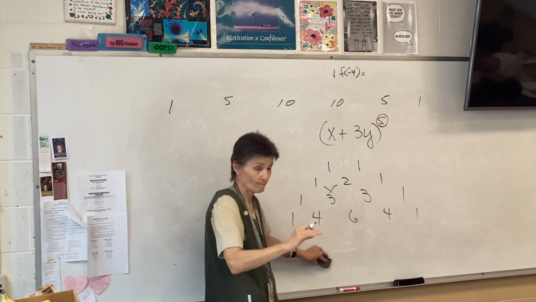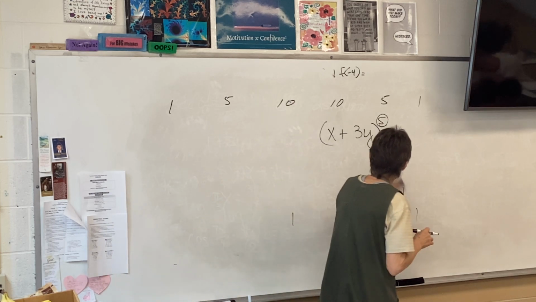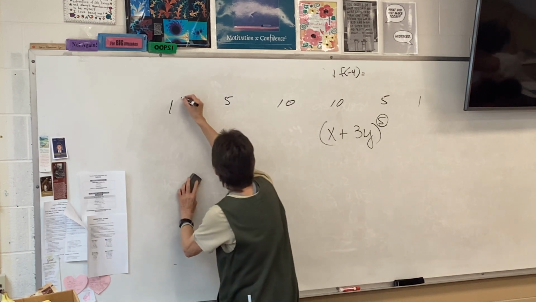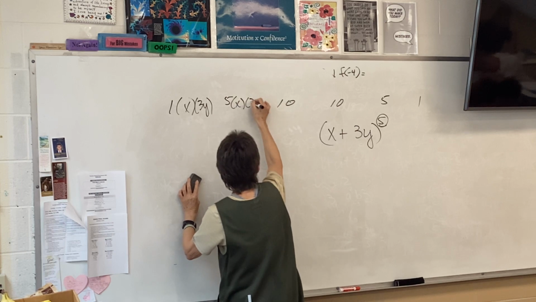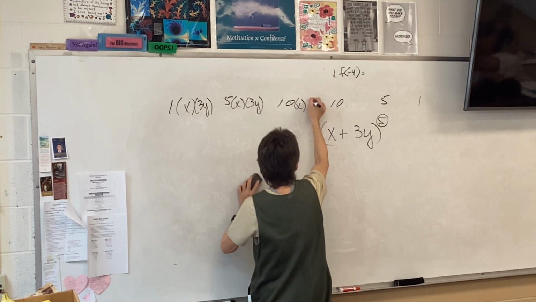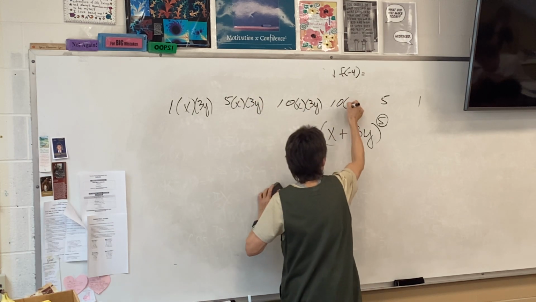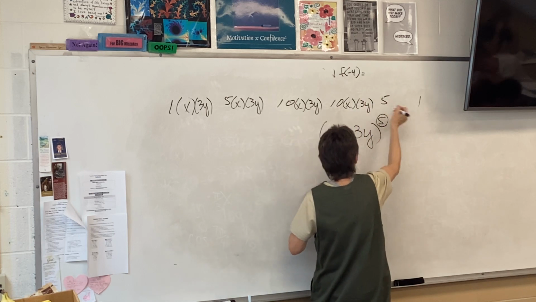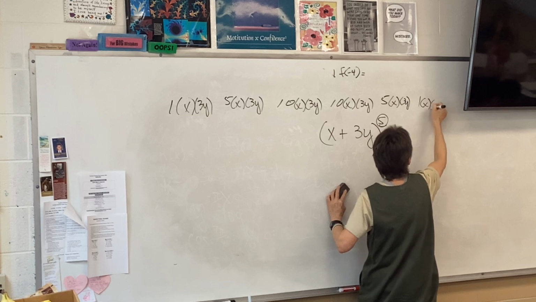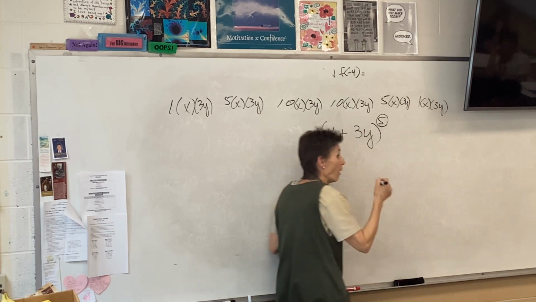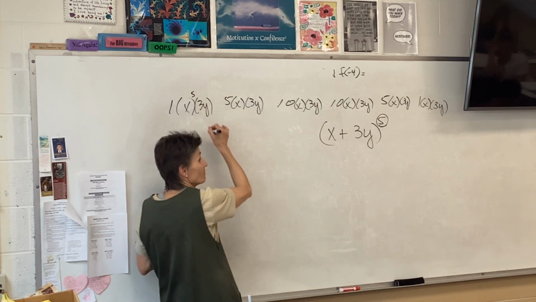Everybody good so far? Okay, then next to each of these numbers, we have an x and a 3y. And then tell me about my exponents, the only thing left to do. Is the first one like 5 on the x? On the x, it'll be 5.